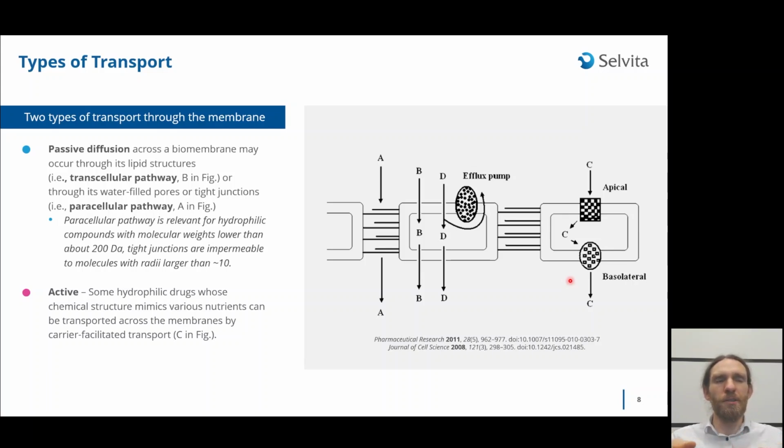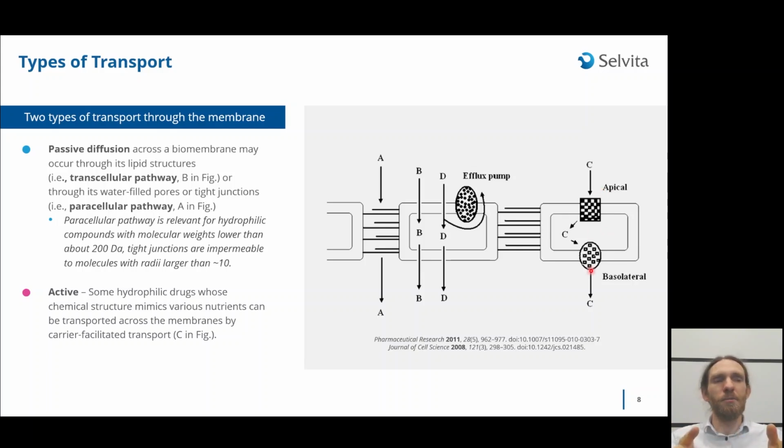These nutritious substances are sugars, amino acids, proteins. They are very polar and often large molecules, so they cannot rely on being absorbed through the paracellular or transcellular pathway. So for this reason, there are specialized transporter proteins for sugars, amino acids and peptides that help to absorb all these compounds into the body.